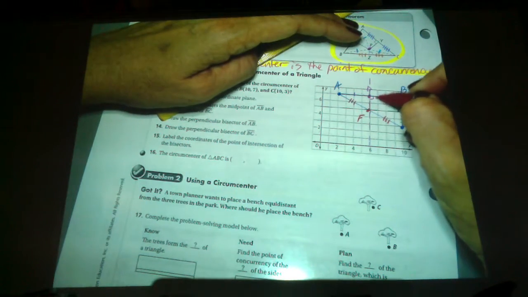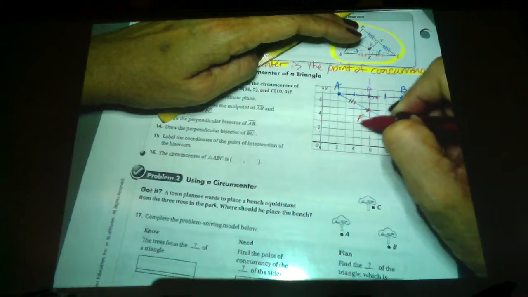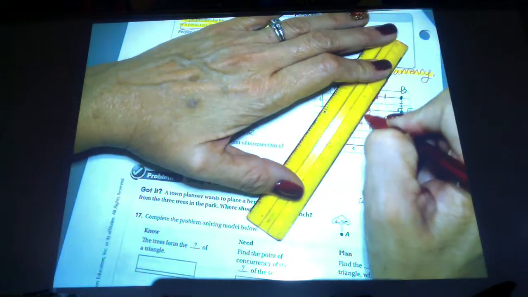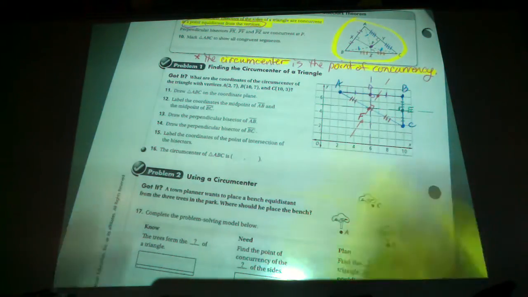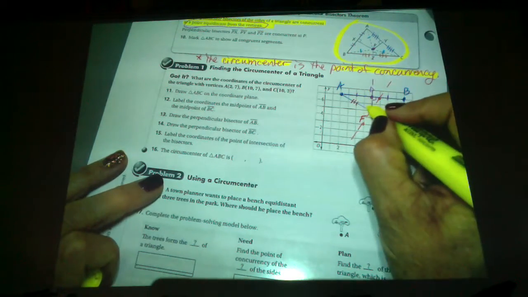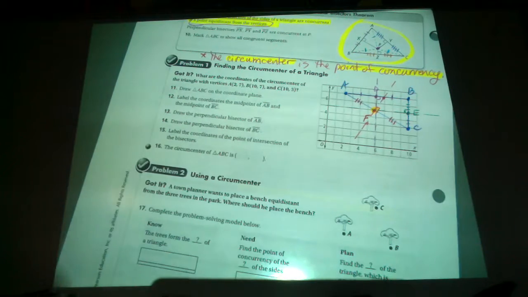So we're going to go up 2 over 1, or down 2 over 1. Here I've created the perpendicular bisector through F, and the point of concurrency is this point right here. It happens to be on the triangle. So the circumcenter is not necessarily always in the center of the triangle, is it?